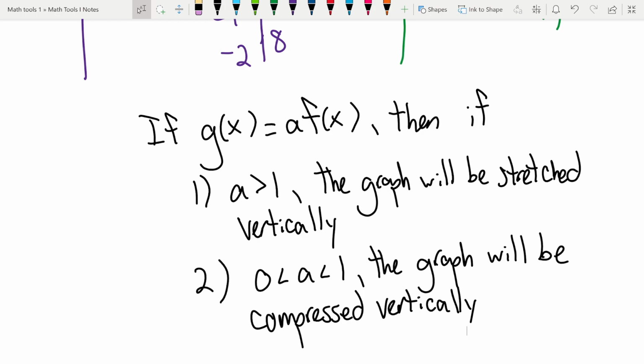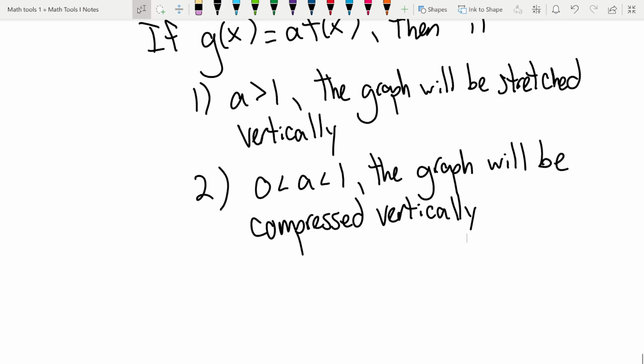And then if a is less than 0, then there's going to be a combination of this with a reflection, right? Because the negative will reflect the graph, and then the number will stretch or compress it based on these rules. So we can just think of these two cases, and then if it's negative, we would combine it with whichever case is appropriate there.